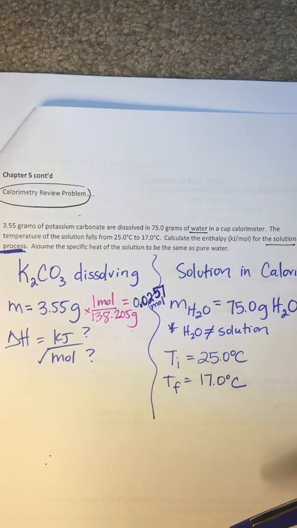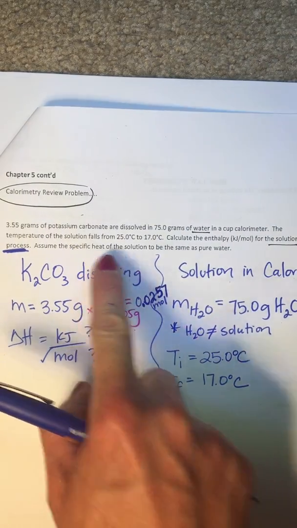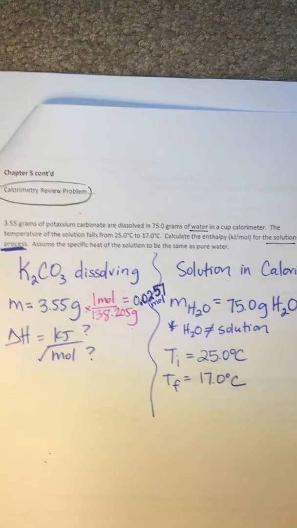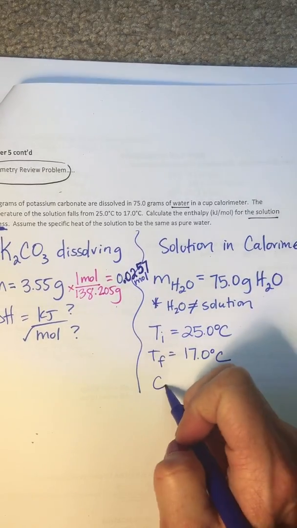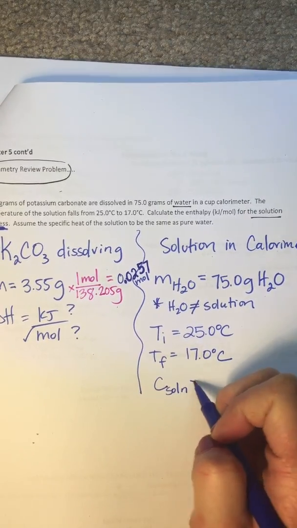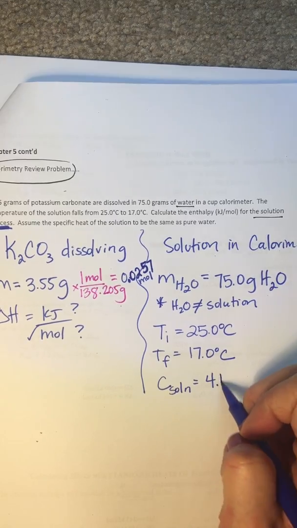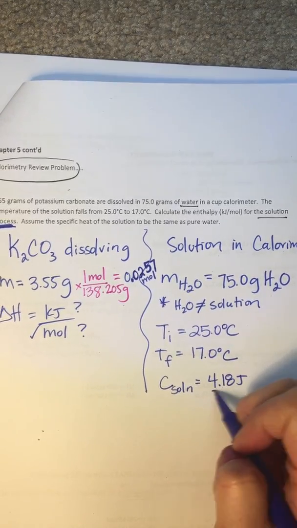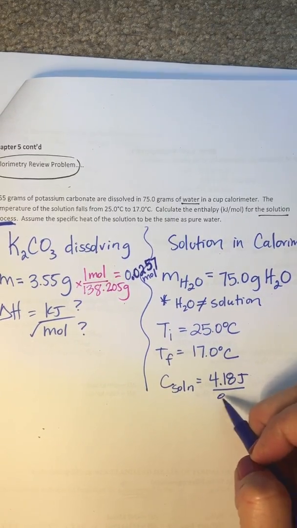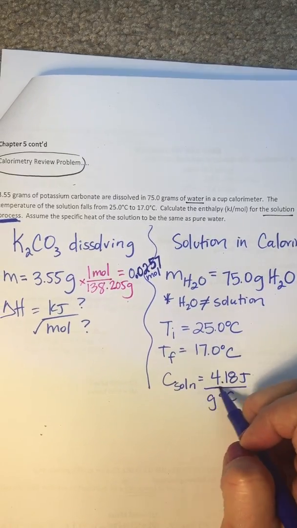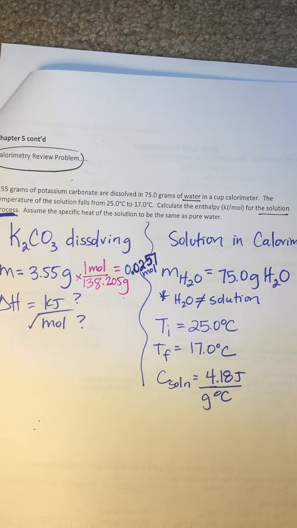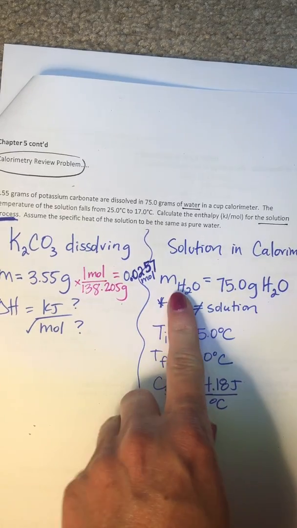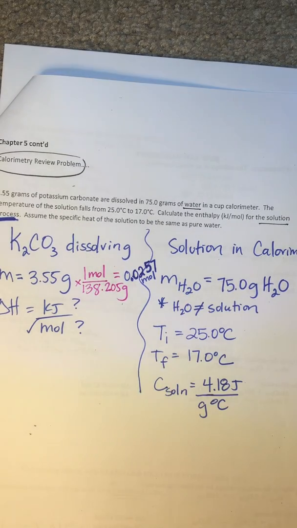Okay, so they also said assume the specific heat of the solution to be the same as pure water. So we've got our little c of the solution. They said it is the same as water, so we're going to say 4.18 joules over grams times degrees C. Okay, so we've got that right there. Now, the only problem is we have the mass of the water, not the mass of the solution.